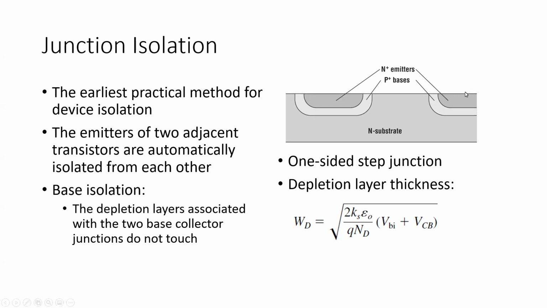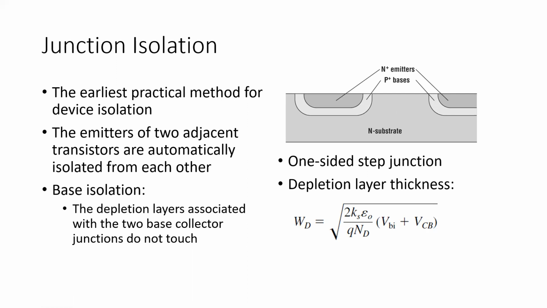Here we have a planar device of two bipolar junction transistors. We have an N substrate as a collector, and then we have the base and the emitter. We have two, and I want to make sure they will not affect each other.